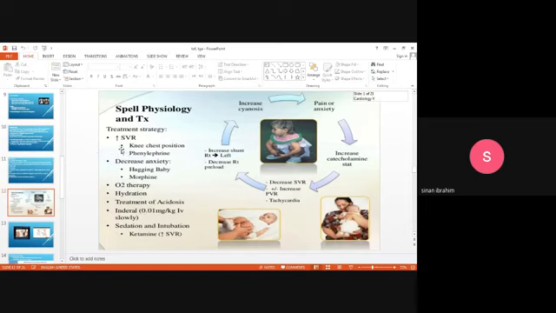So we increase the systemic vascular resistance, as we see, by knee chest position, by phenylephrine, decrease the anxiety by hugging the patient, and treat acidosis, as we said, by sodium bicarb, and give him beta blocker. If all of them fail, we should do intubation and sedation of the patient and give him ketamine to increase the systemic vascular resistance.